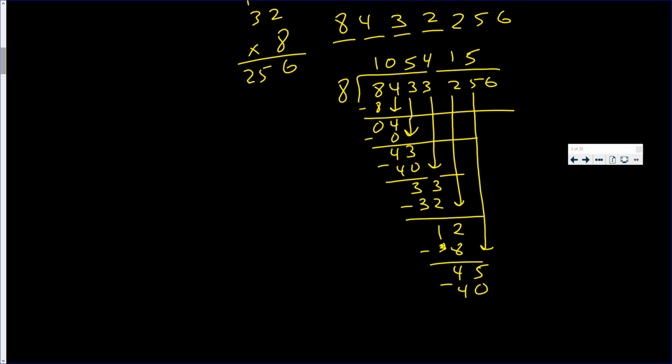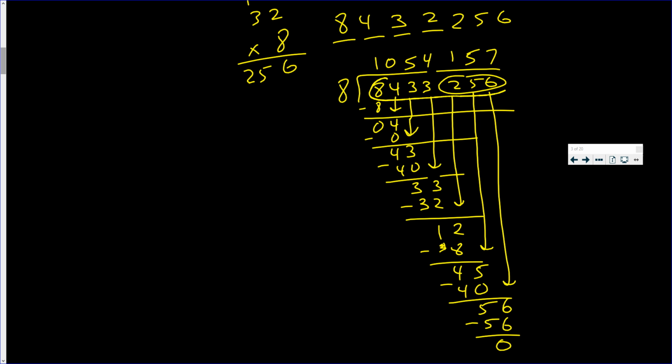So I take away 40, and look at this. 8 goes right into 56 7 times. If it goes into the last 3 digits, 8, then it will go into the whole number. It will go into this whole number because 8 went into the last 3 digits.